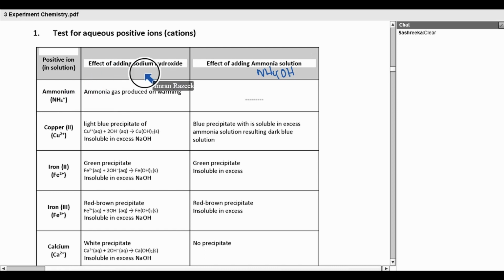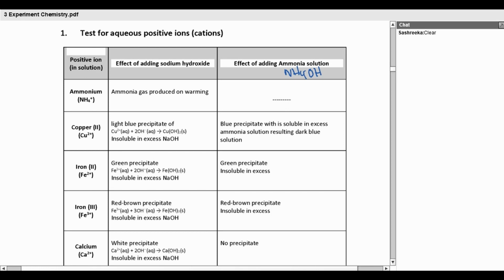Right? So let's see first of all the test with ammonium ion. For the test for the ammonium ion, you add a strong alkali, sodium hydroxide, and warm, and you get ammonia gas. The reaction which takes place here is that the ammonium ion reacts with the alkali and releases ammonia gas, and this ammonia gas can be tested with moist red litmus, because ammonia is an alkaline gas, the moist red litmus turns blue, right?